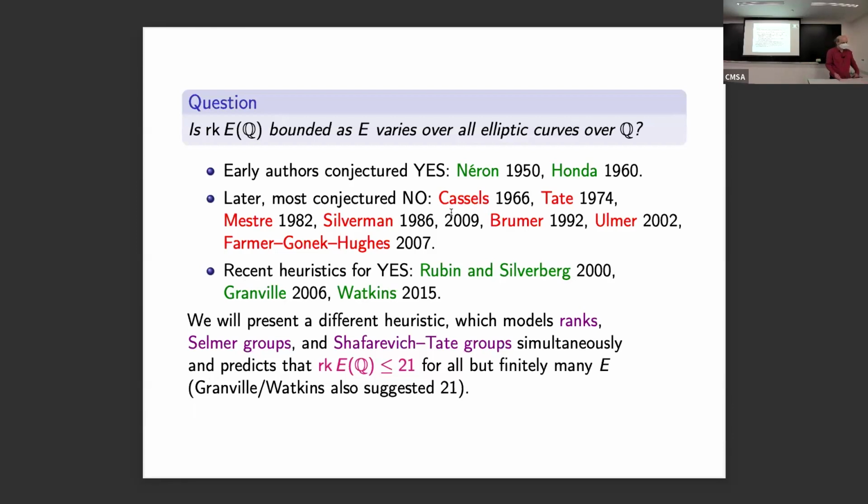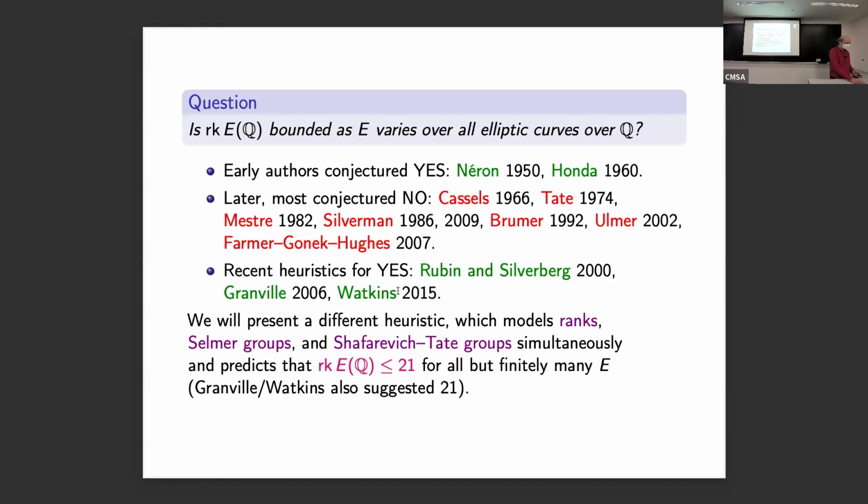He's a person of authority, and I think a lot of people followed him, and it became sort of a folklore conjecture that the rank should be unbounded.